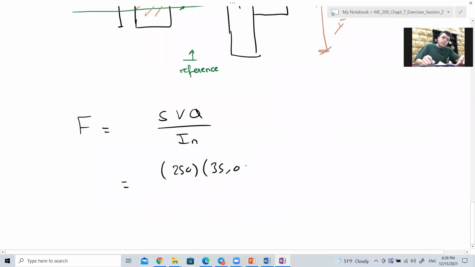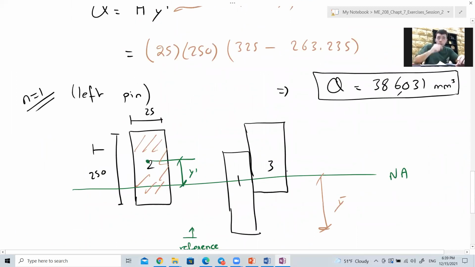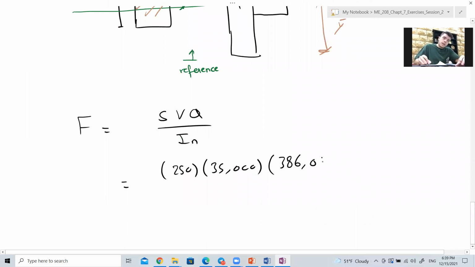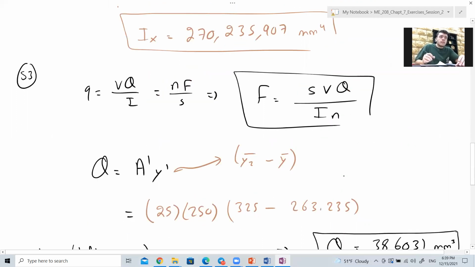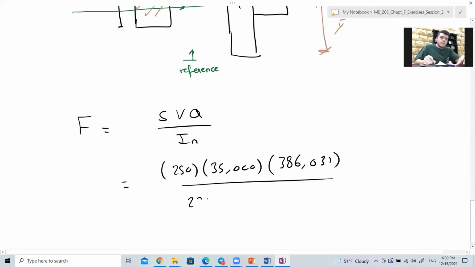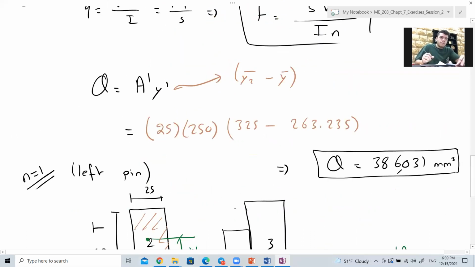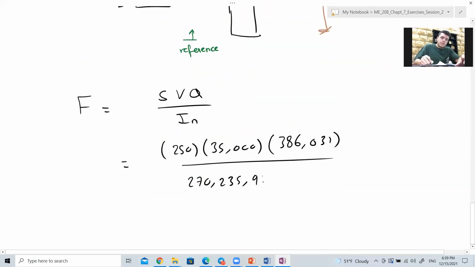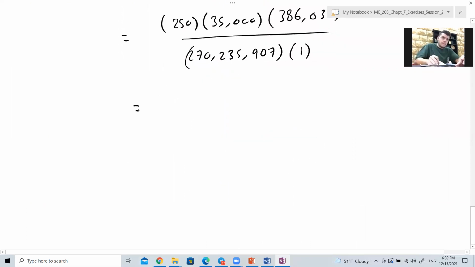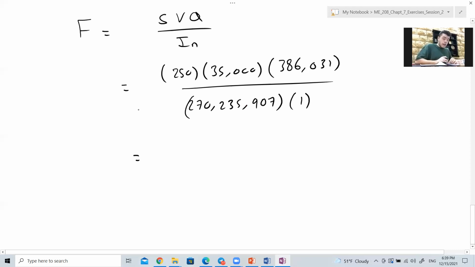We can write it as 35,000 newtons. Q is 386,031. I we found as 270,235,907. And n is 1 because we removed 1 pin. So 250 times 35,000 times 386,031 divided by 270,235,907 gives 12,500 newtons.